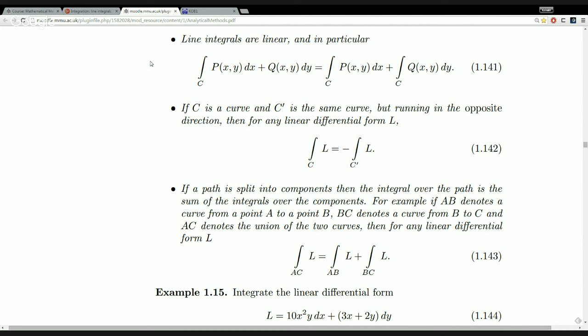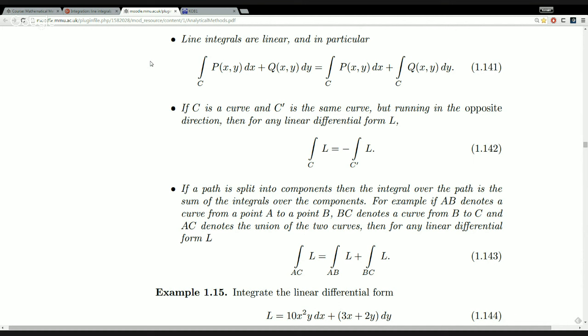which was the integral along the curve y equals x squared of the same differential form. So one was integrating along this curve from the start point to the end point, and the other one was going along these two straight line segments.